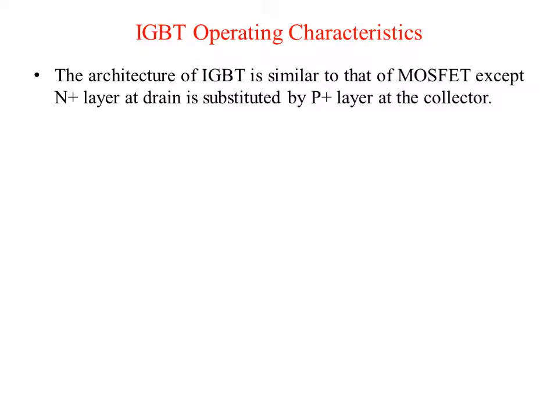Now we'll study the operating characteristics of IGBT. Before going with the characteristics, we'll first study the architecture of IGBT. The architecture of IGBT is similar to that of MOSFET, except the N plus layer at the drain is substituted by a P plus layer at the collector.